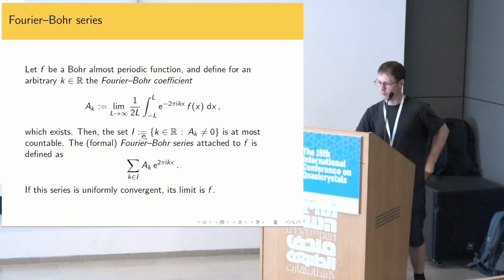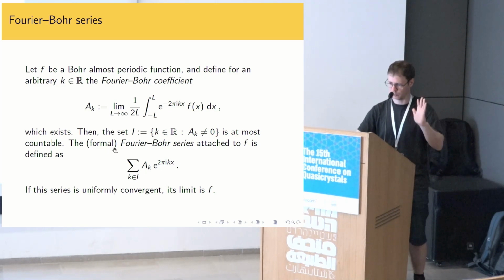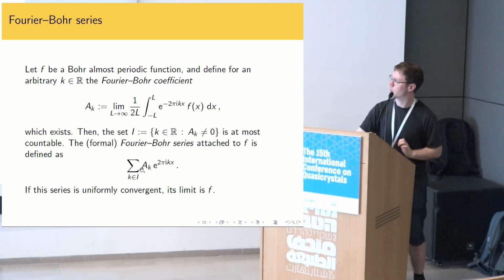And knowing this, we can write down the so far formal Fourier-Bohr series attached to the function f, which looks very similar to the Fourier series for periodic functions, but we have to compute the coefficients a bit differently.